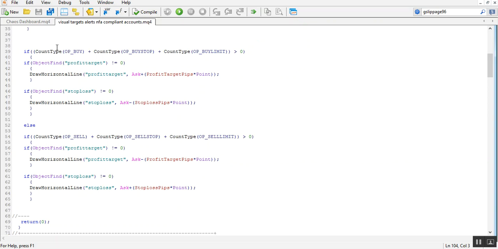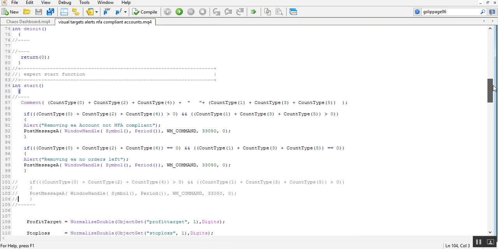If you have your orders on there and it sees buy stops, it will set the profit target, and it sets it at this level right here, ask plus target pips times point. And it's the same thing at the sell, it just does it differently, ask minus, where this was ask plus. That's just drawing the lines.